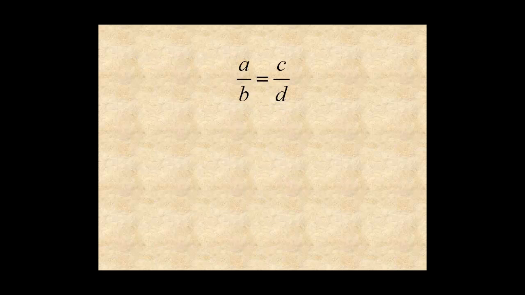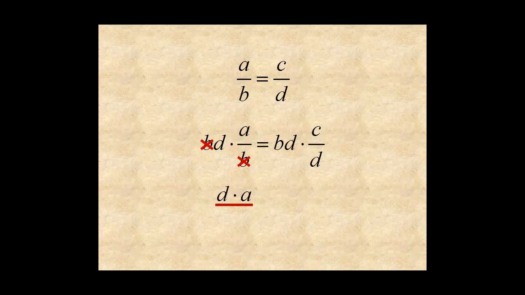This is easy to prove. If you start with the general proportion a over b equals c over d, multiply both sides by bd to clear the fractions. On the left, the factors of b cancel, and you have d times a.